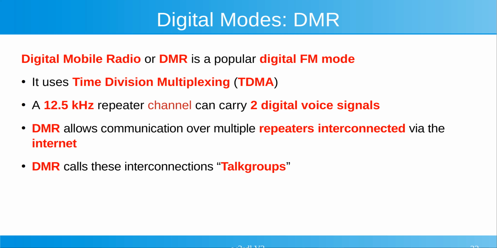DMR, I believe, was developed as a standard by the Japanese Amateur Radio Club, I think. And then Motorola was involved. DMR was a Motorola thing, I think. And D-Star is the Japanese one. It's kind of proprietary for Fusion and D-Star. The standard's open, but the codec they use isn't.